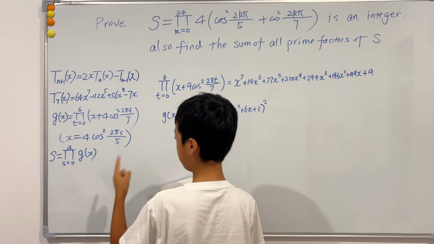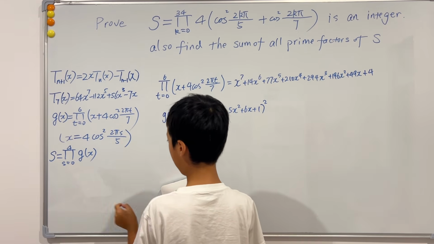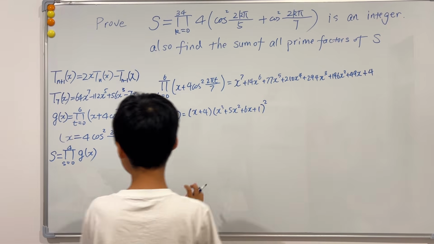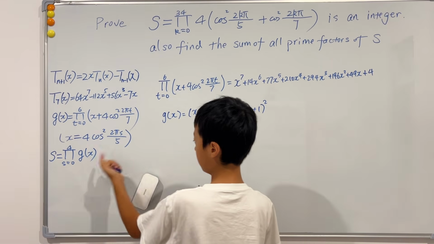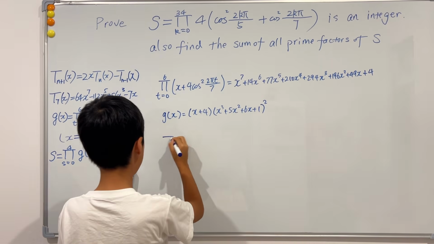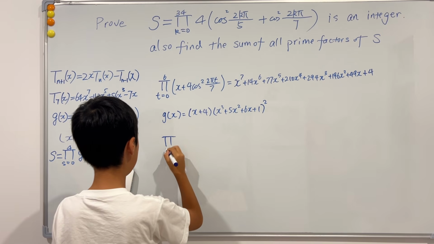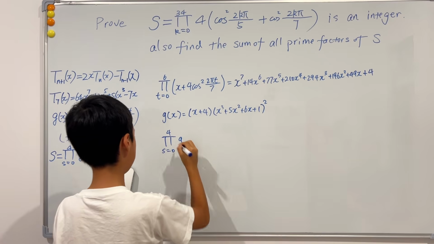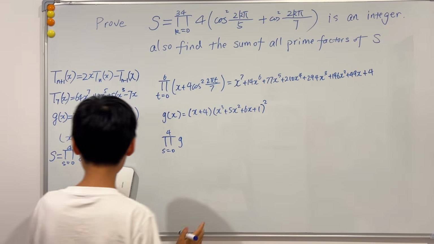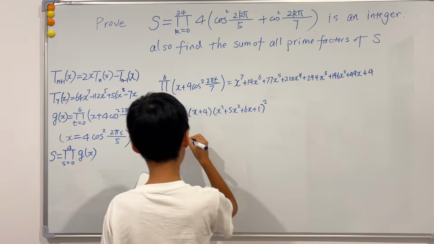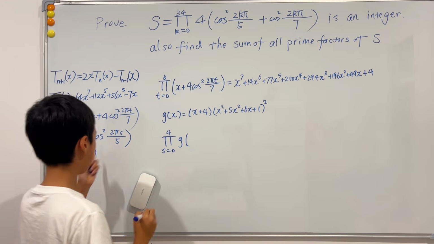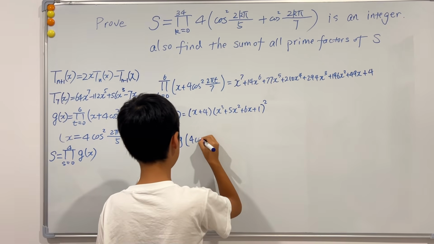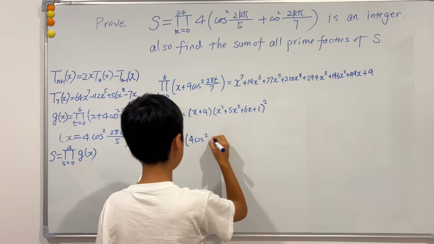Now I will get onto this. s is equal to capital Pi, s goes from 0 to 4 of g of x. So this right-hand side will just become capital Pi when s goes from 0 to 4 of g of x, and the x is just this, 4 cosine squared 2 pi s over 5.